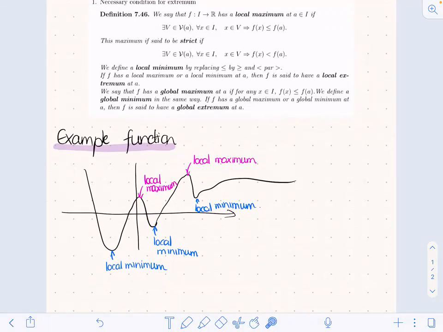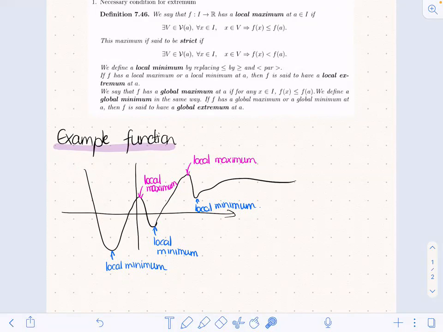Now on this squiggle type function that I've just drawn, you can see that the function goes up and down, up and down, up and down. At various points, I've indicated that we may have a local minimum, and at other points a local maximum.